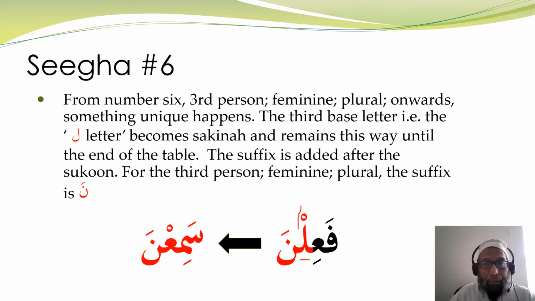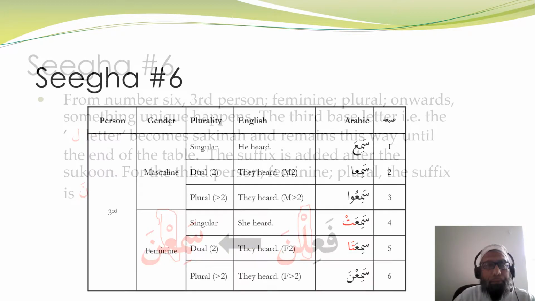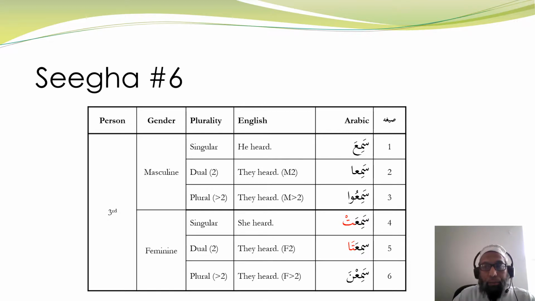If you notice, this lam here becomes sakina, so the ain over here is sakina. The ain is going to remain sakina all the way till the end of the table. Again, memorizing it: sami'a, sami'a, sami'u, sami'at, sami'ata, sami'na.